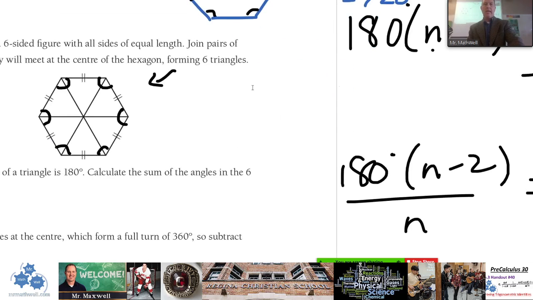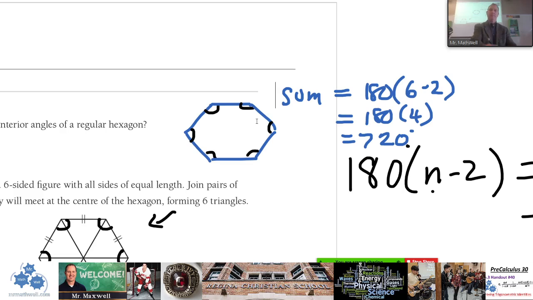Now, do you know where this 180 comes from? It comes from the number of triangles that can be set inside of the polygon. Watch this. If I drew a line from here to here, there's a triangle I just made. And if I drew another line from here to here, that's another triangle. There's 1, there's 2. And if I drew one more line from this same point, I've now made 2 more.